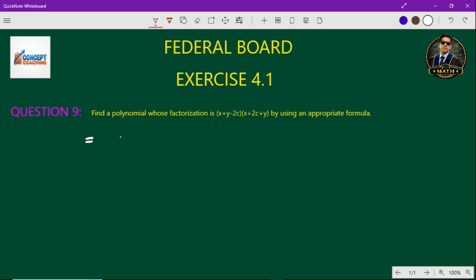So the question is x plus y plus minus 2c is the first expression, and the second expression is x. We will just rearrange x plus y plus 2c. We will write x plus y plus 2c.